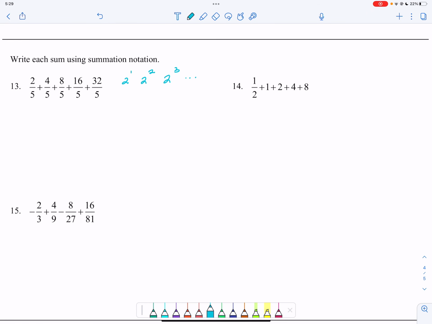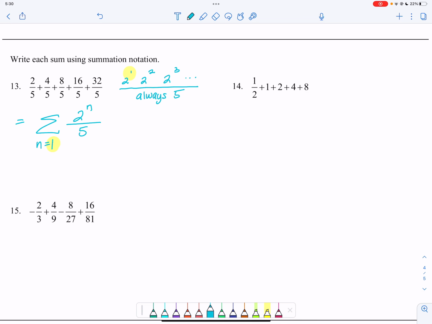So it looks like we might have a 2 to the n in the numerator. And that n would have to start at 1 because of this 1. So we'll start at 1. And then let's look at the denominator. The denominator is always 5. So we'll place 5 in that denominator.